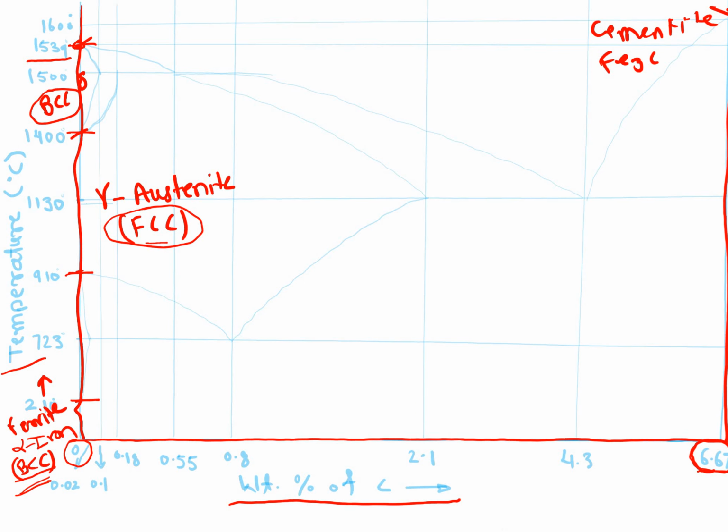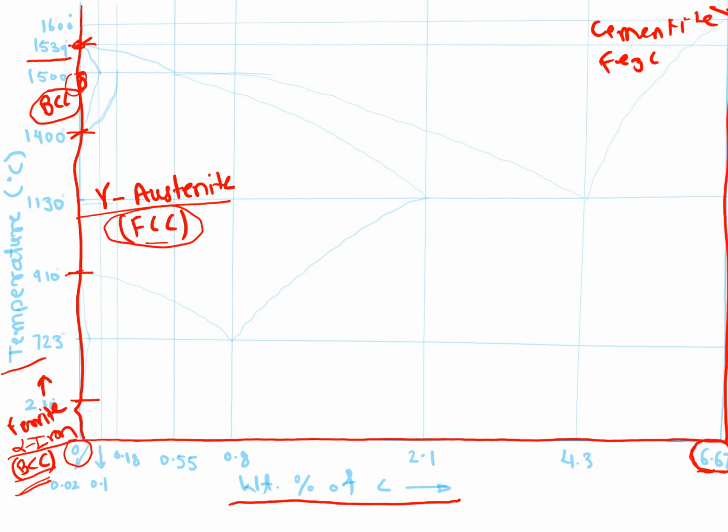What are the different regions available in this intermediate region, what is their composition, and what names do we use to call them? We will study that one by one. Carbon is an interstitial impurity in iron and gets dissolved in each of the ferrites like alpha iron, gamma iron or gamma austenite, or delta iron.